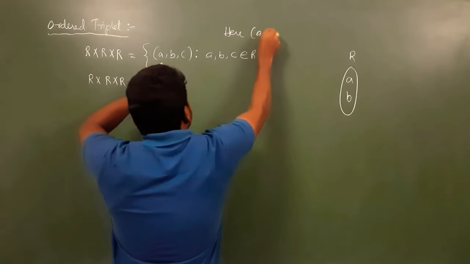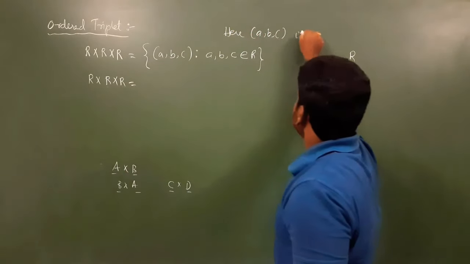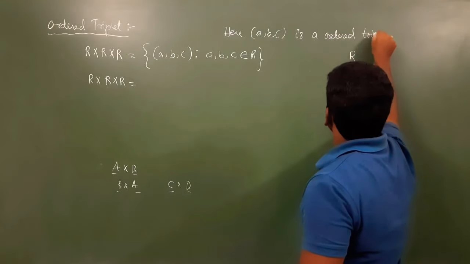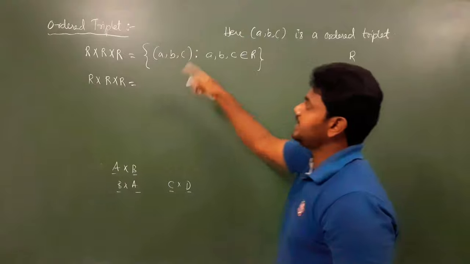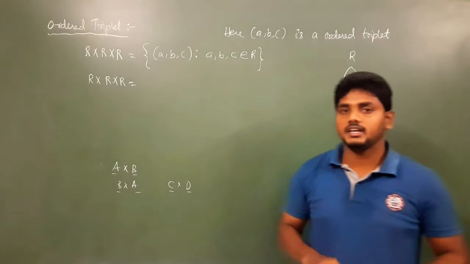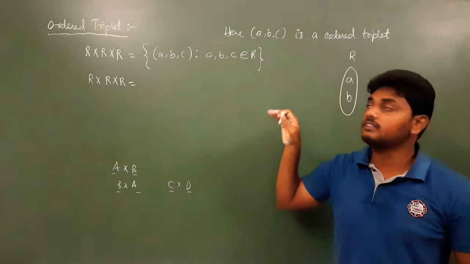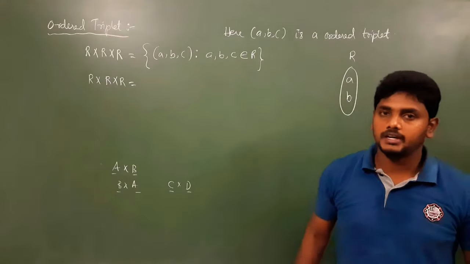Here (A, B, C) is an ordered triplet. Like (A, C, B), (C, B, A). If we have three elements like that in a particular order, we consider those as ordered triplets.